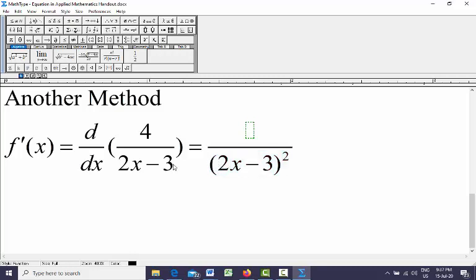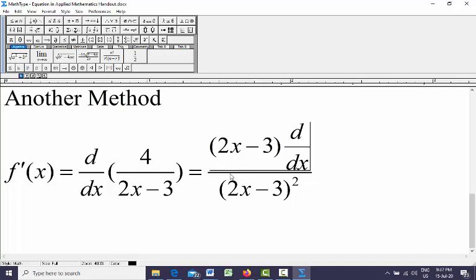Then whatever you have in the denominator, we write the same thing in the numerator also, put a bracket there, and then write d by dx of whatever you have in the numerator.